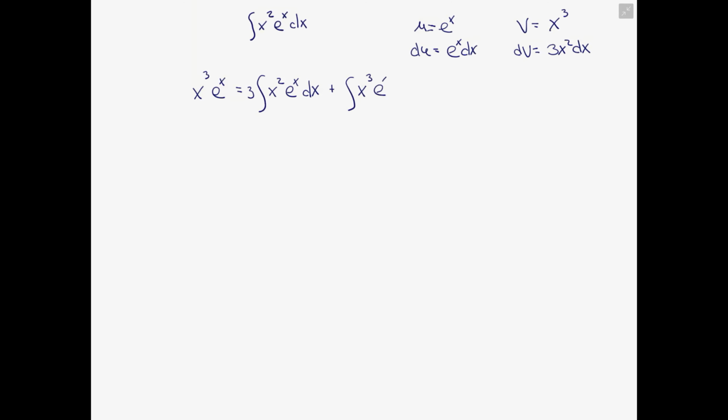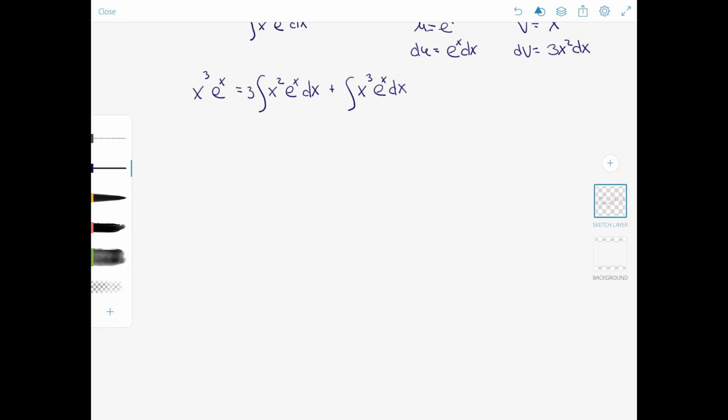And we have x cubed e to the x dx. Now that's not exactly what we want, because we've gone up in power and we don't want to go up in power. We're going in the wrong direction with this.